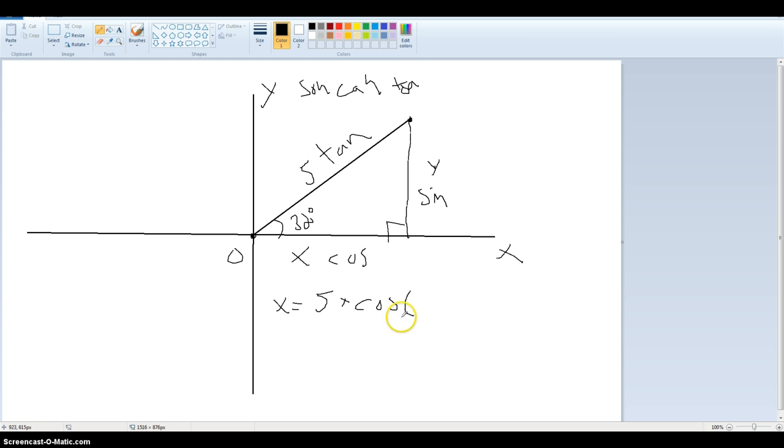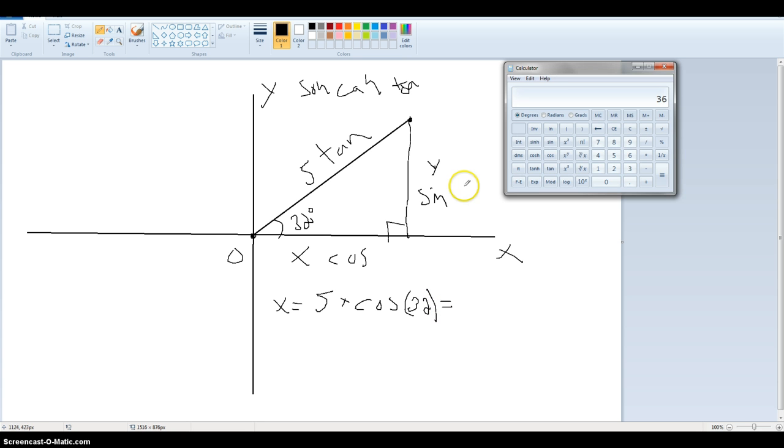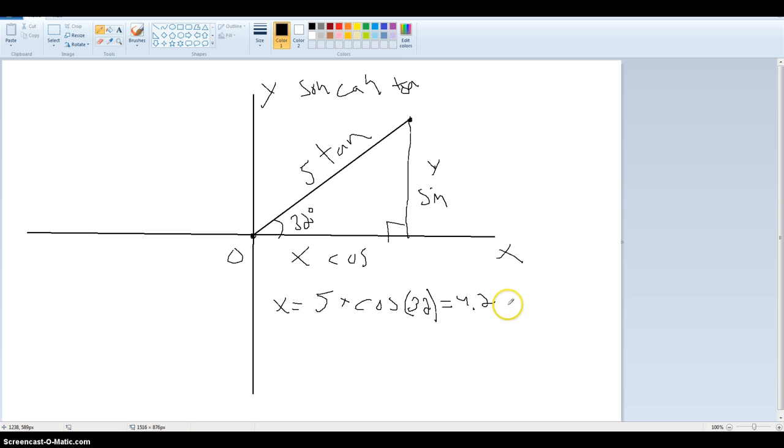So cosine of 32 would be that, and that multiplied by 5 would be about 4.2. So this would be 4.2.